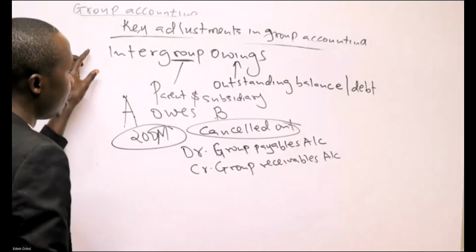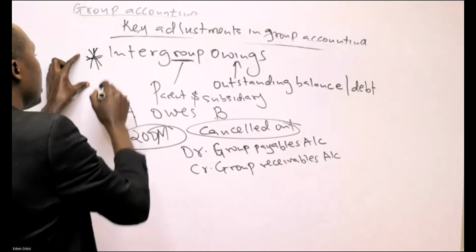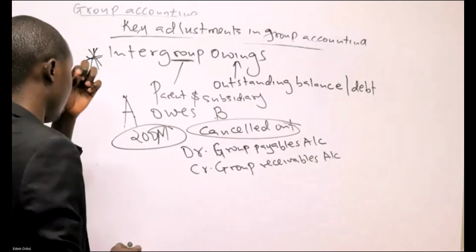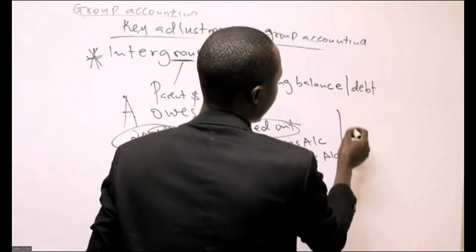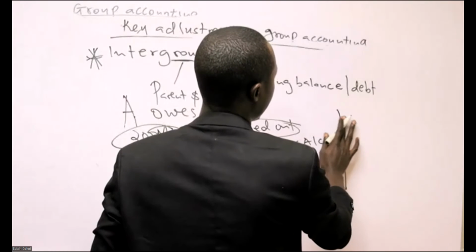Then now, these intergroup owings, to some extent, go hand in hand with something we call cash in transit.